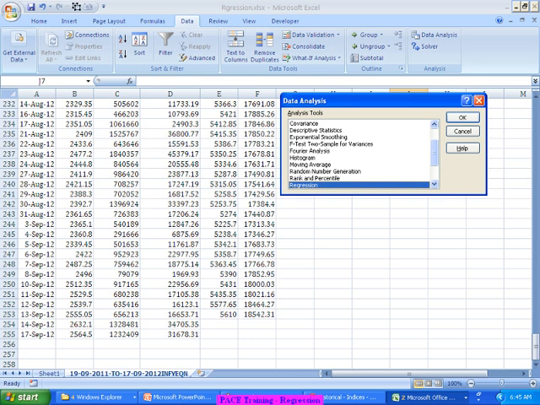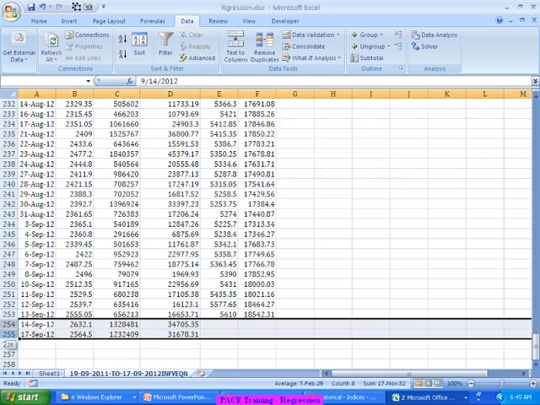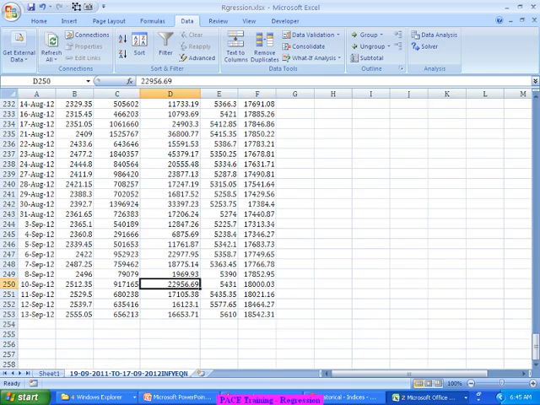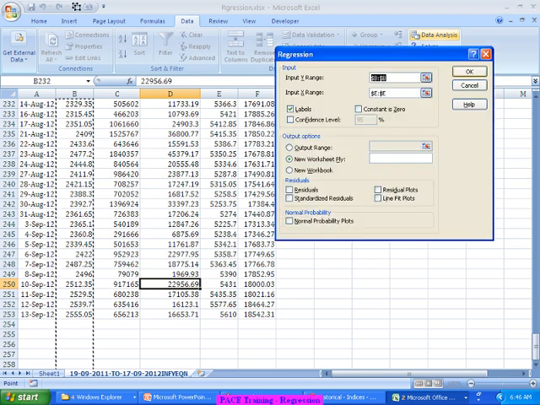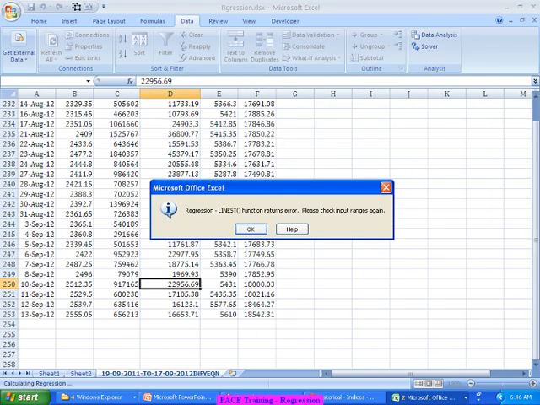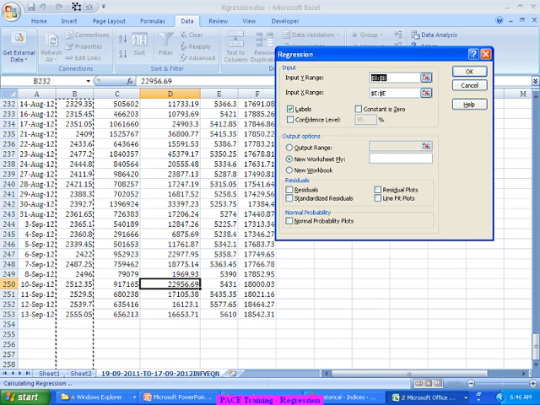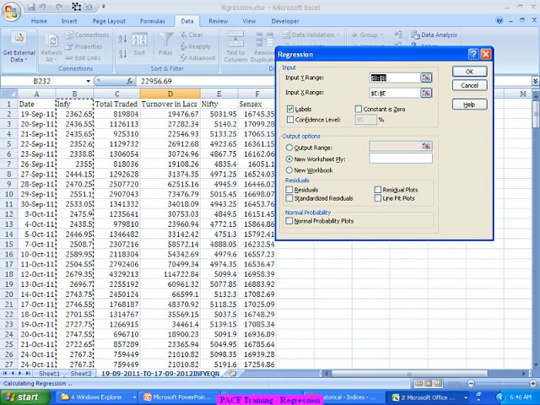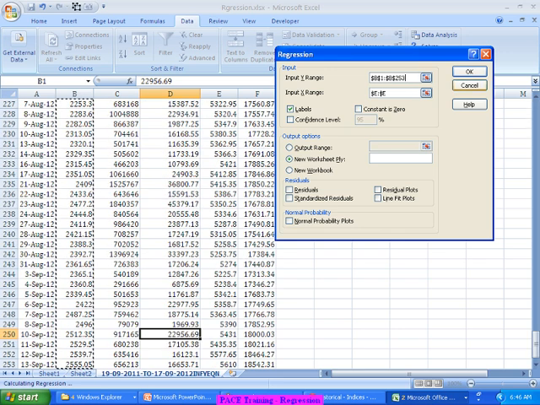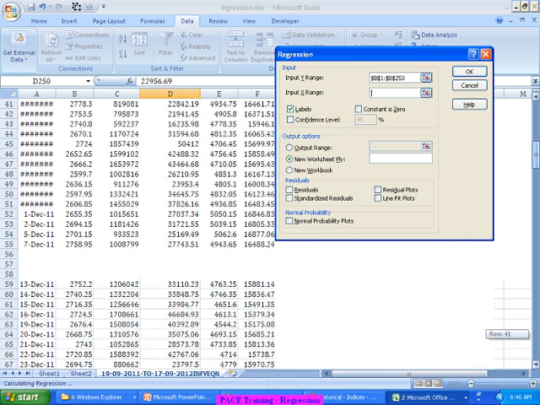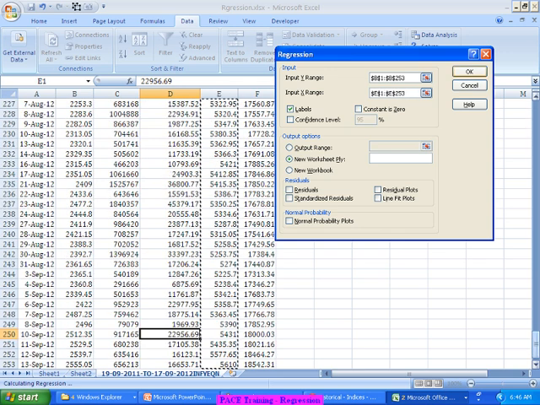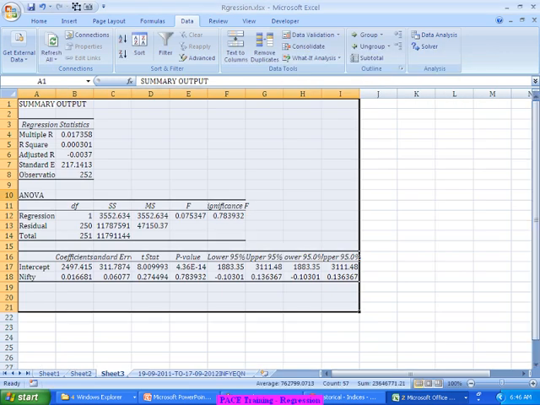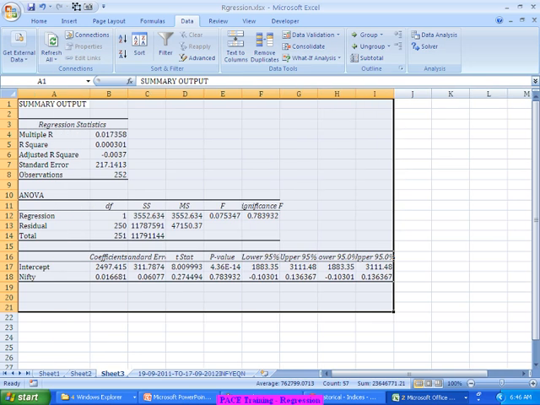All right. Okay, so this is the way the typical regression equation output comes out.